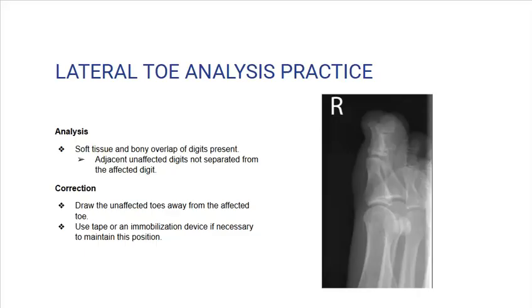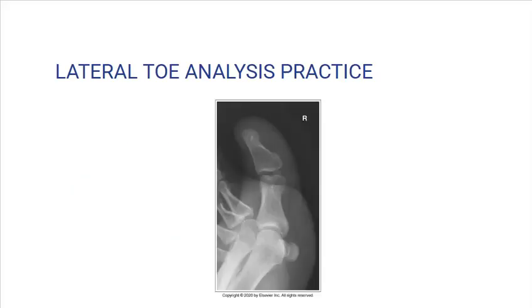Therefore, the positioning is appropriate, but we have too much overlap from the other digits. We would need to tape down those toes to draw the unaffected toes away from the affected toe and get a true lateral projection without superimposition. Go ahead and review this practice analysis and answer the following question.